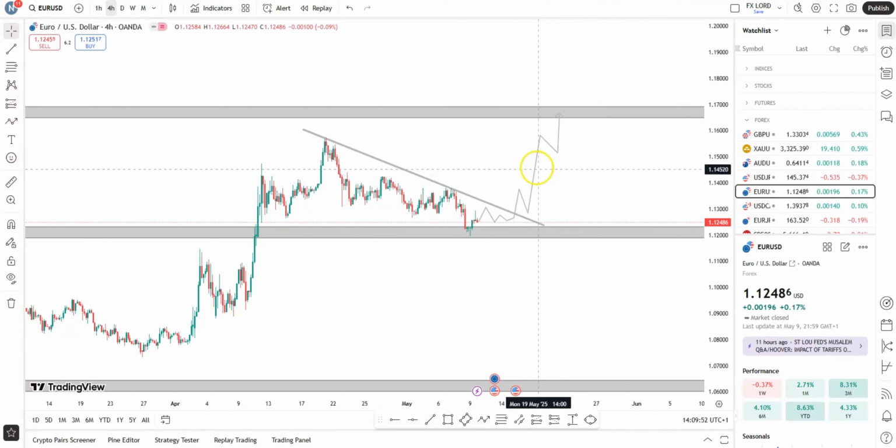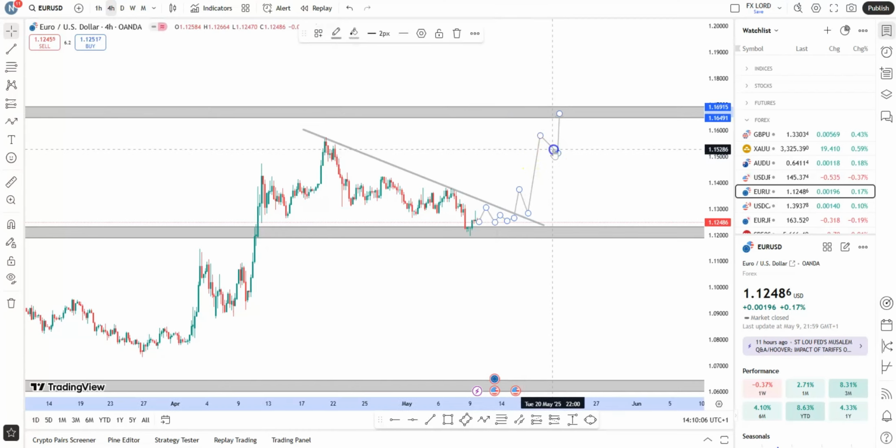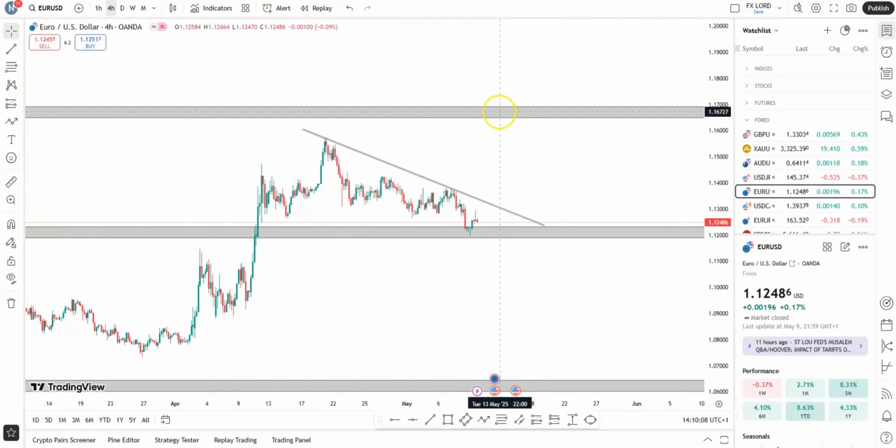So my bullish scenario, I'm waiting for Euro USD to break out to the upside and come all the way to retest 1.16654, which is this resistance level here. So I'm expecting Euro USD to come up to this resistance level right here.